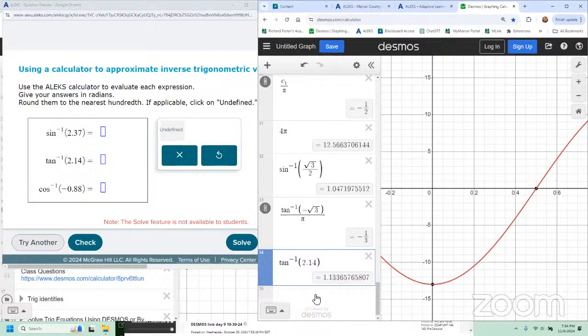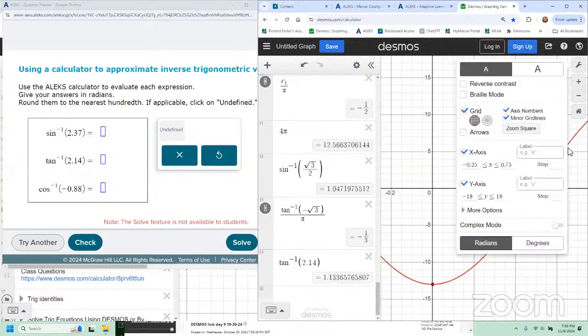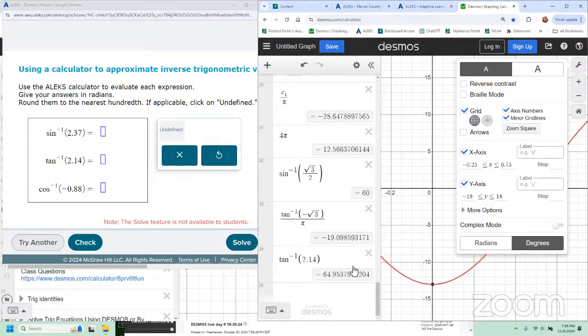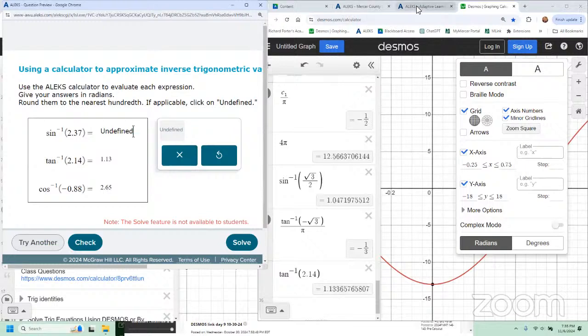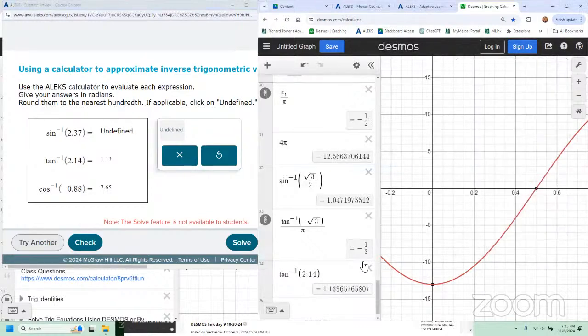Okay. So the answer is, in radians, 1.13. But if my calculator were in degrees, I would get a different answer, 64.9. So I want 1.13. So the answer is 1.13. Okay. So just make sure you're in radians.